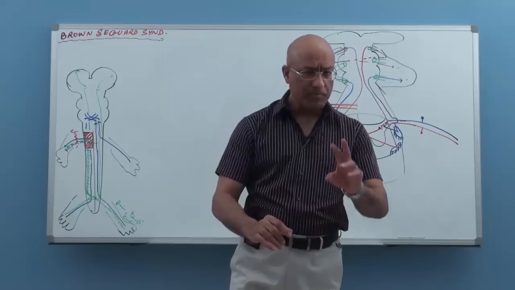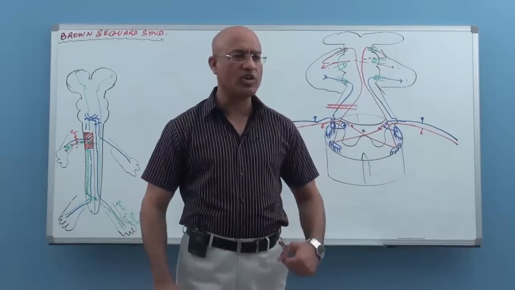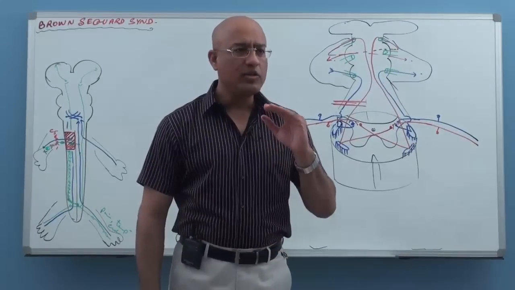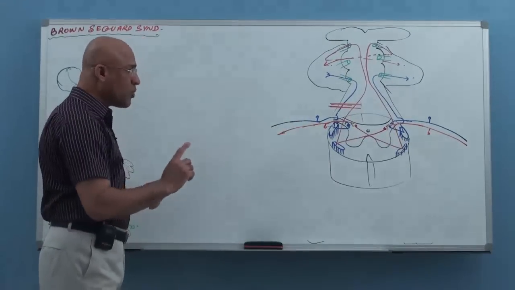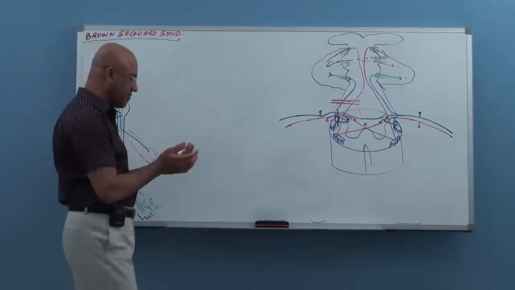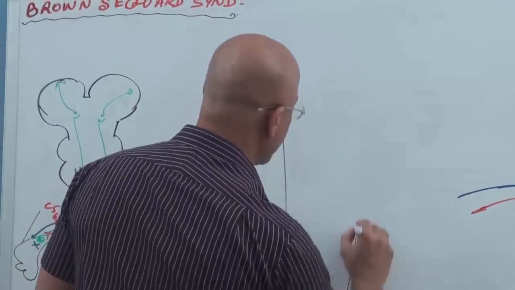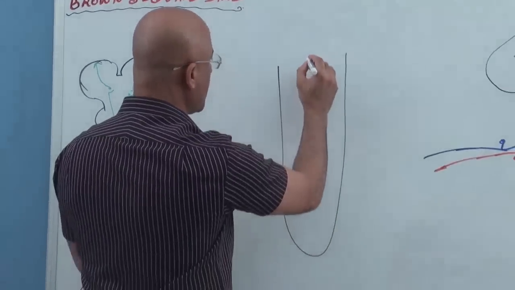Is that right? Now another thing. Sensations which are lost contralaterally are one or two segments below the level of lesion. Let me explain how it happens. Just a minute. This is the middle, right?